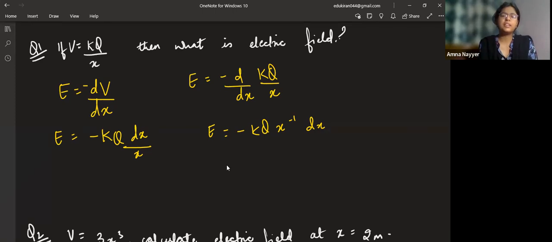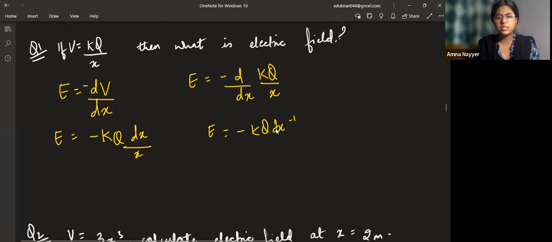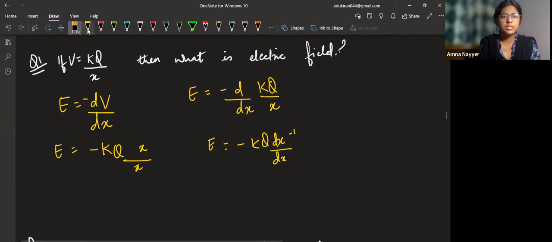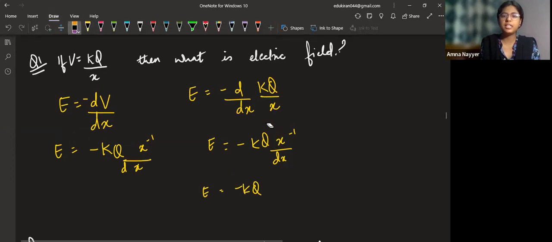Minus kq remains constant, and we are differentiating x to the power minus 1. The d should come here, so that this seems like differentiation.